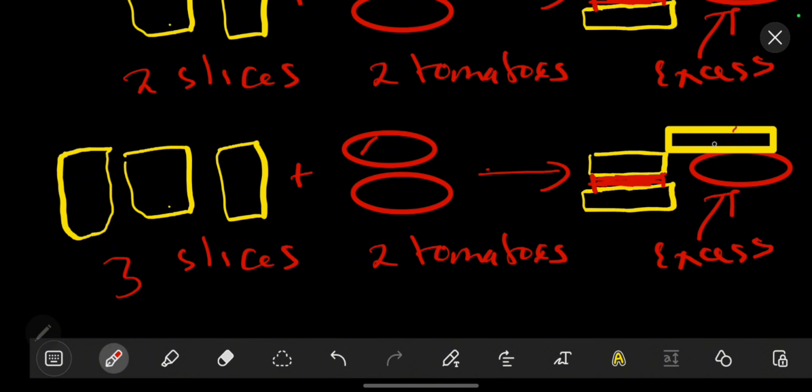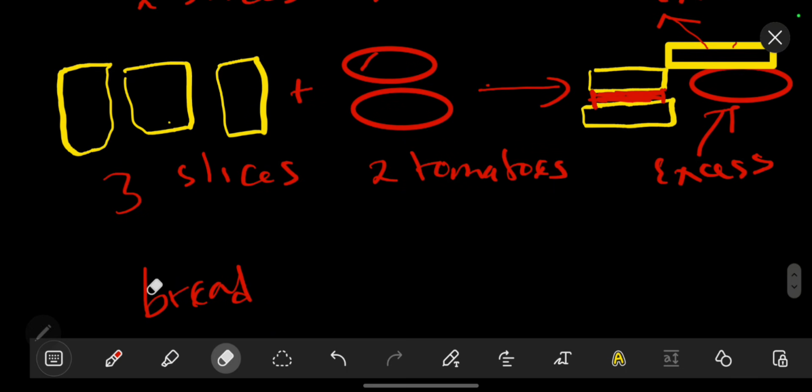But after doing that, you just remain with 1 bread, and 1 bread cannot be used to make a sandwich. So regardless of the situation whereby we have 3 slices but 2 tomatoes, still bread is the limiting reagent. It's very important for you to take note of that.